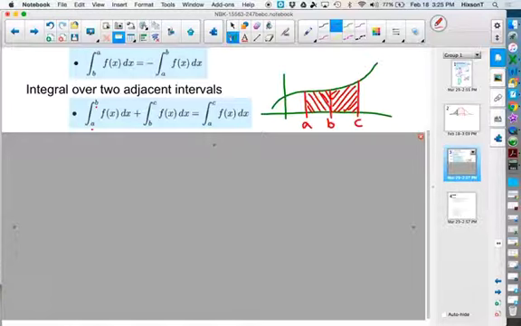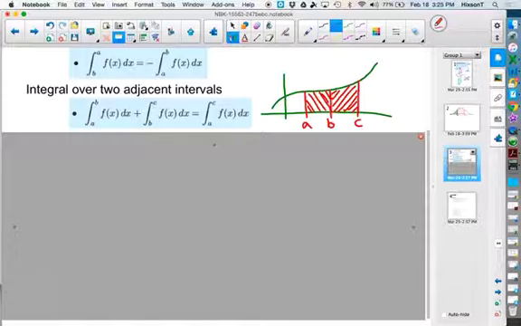From A to B plus going from B to C equals going from A to C. So again, not too difficult, but there will be times where it's helpful to break it up.